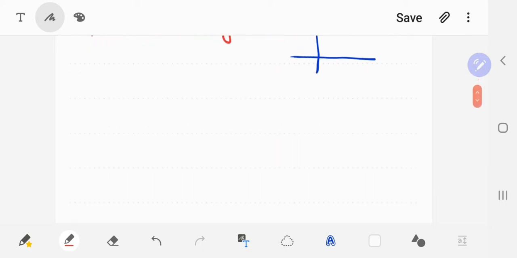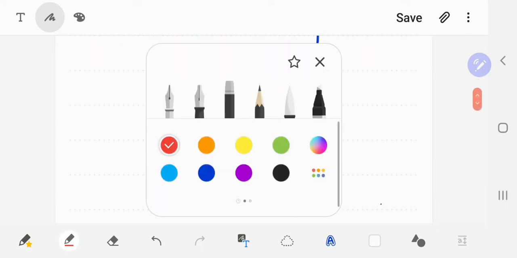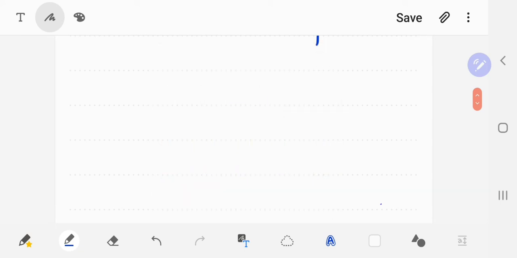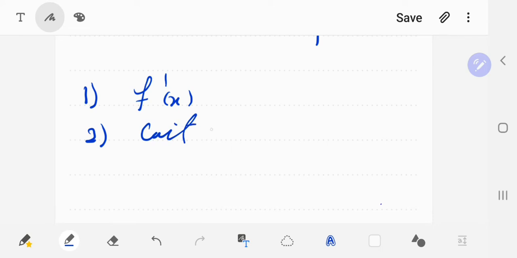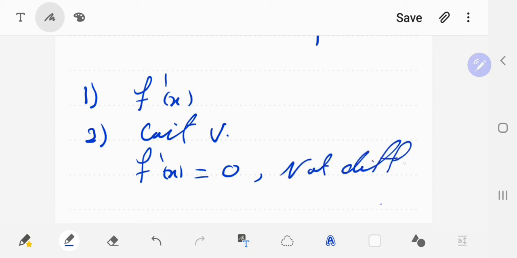When you are done with vertical and horizontal asymptotes, you can go through the first derivative test, and the first derivative test starts by finding the first derivative, then finding the critical values, and the critical values are defined as where f prime of x is either equal to 0 or when the function is not differentiable.